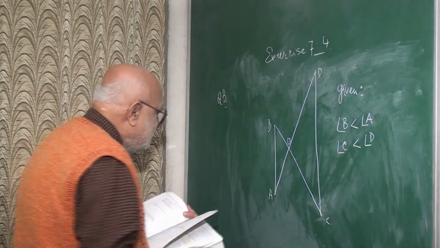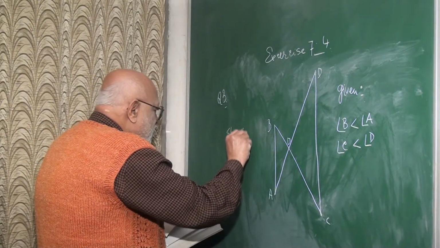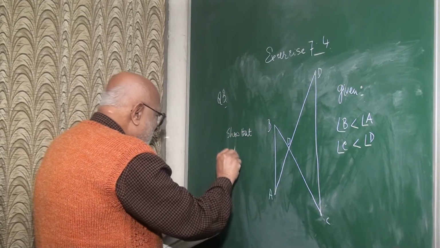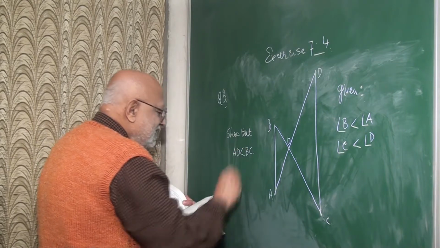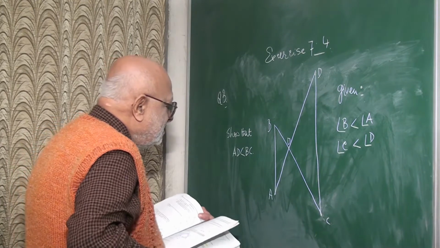So show that AD is less than BC. Okay, how do we do that?